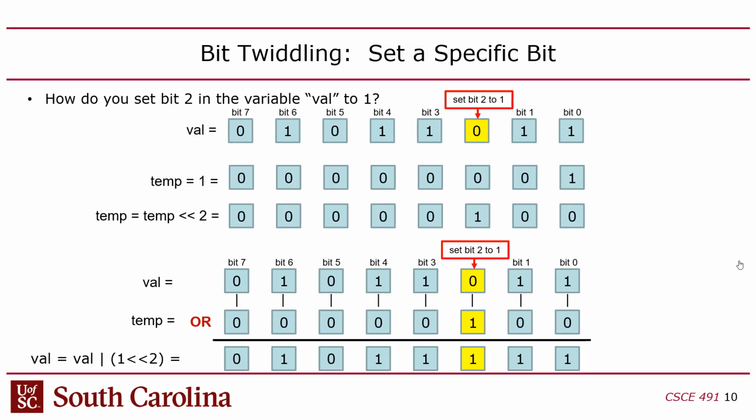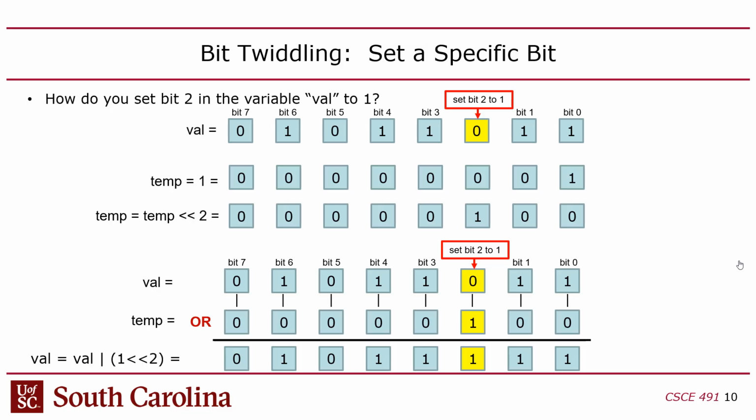A shorthand way of doing this in C would be to say val equals val OR, in this case I just have a literal 1. I take a literal 1, shift it 2 bits to the left, and I put this in parentheses. Why? That's actually really important because in C, I've been burned by this.